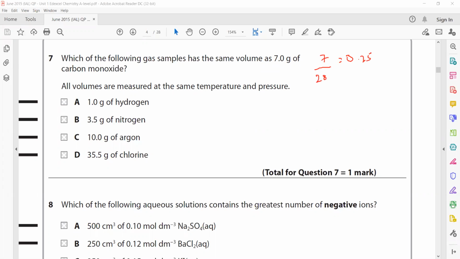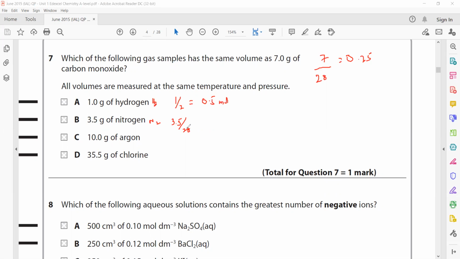If we have 1 gram of hydrogen, hydrogen is H2. So for 1 gram of hydrogen, moles equal mass in grams over molar mass, so 0.5 moles will be there for hydrogen. For nitrogen, which is N2, 3.5 divided by 14 times 2, 28.